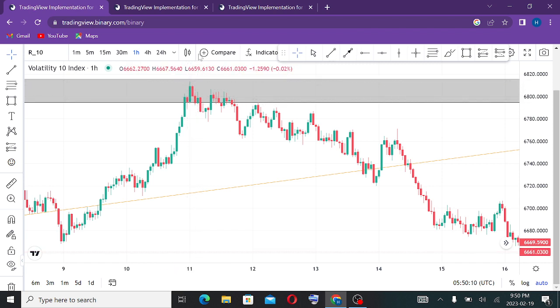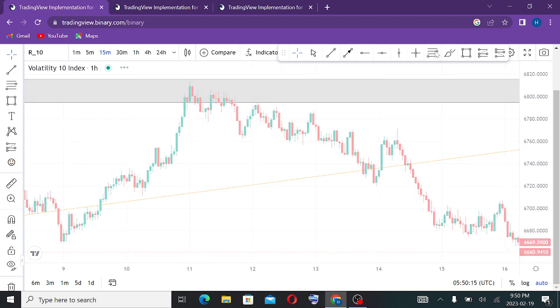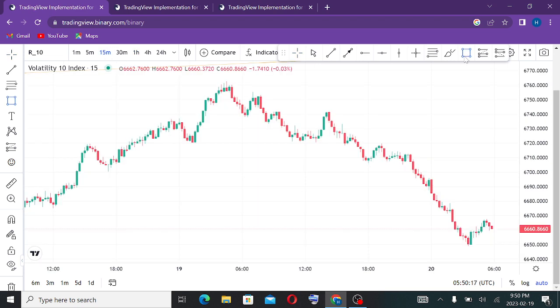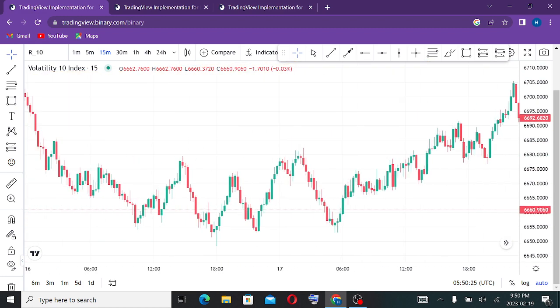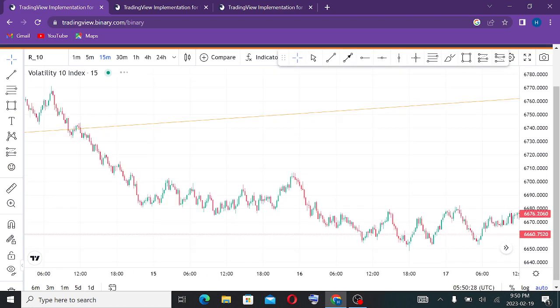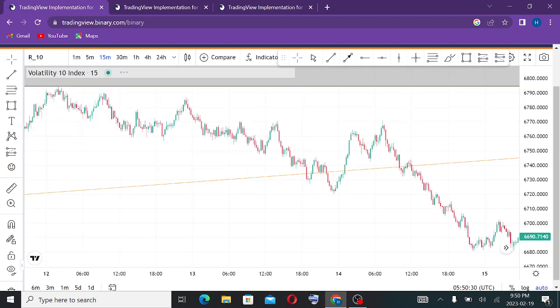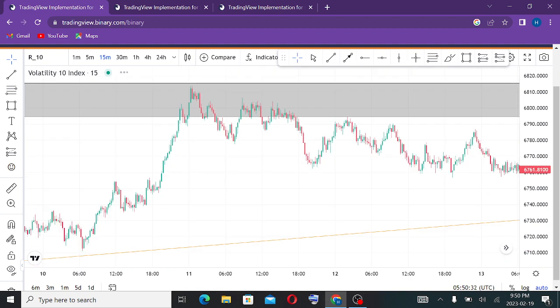So now on the lower time frame, this is 1 hour. So we can now go to 15 minutes time frame. What do we want to do? We want to mark that base. So now this is the base here.